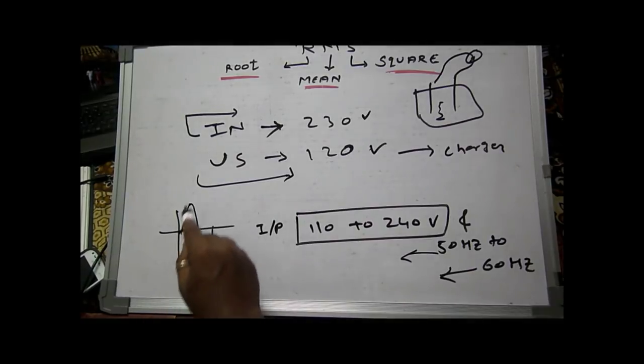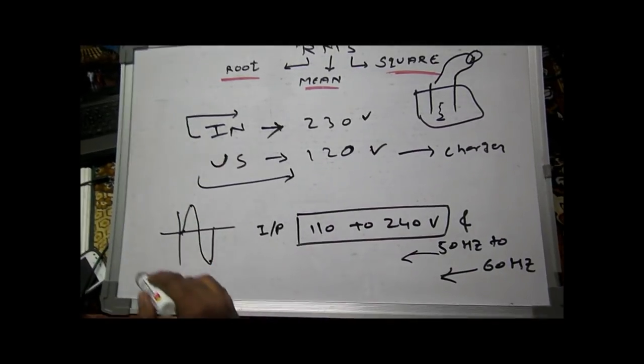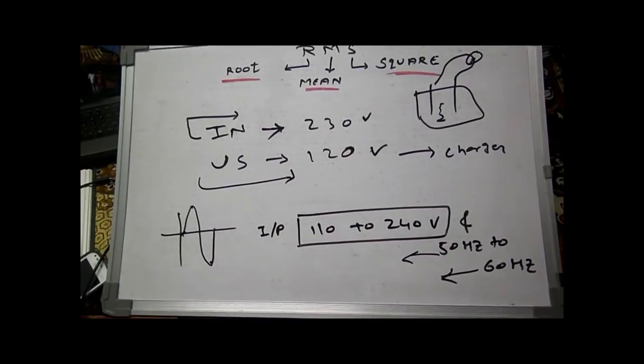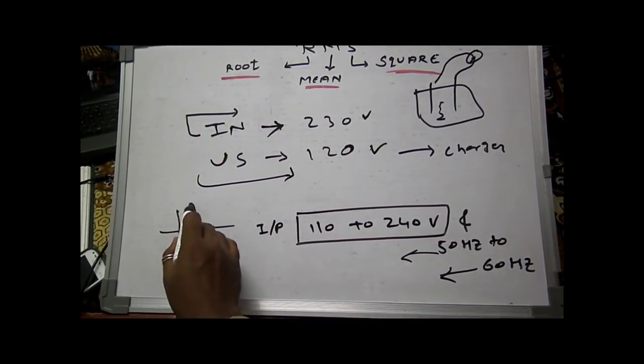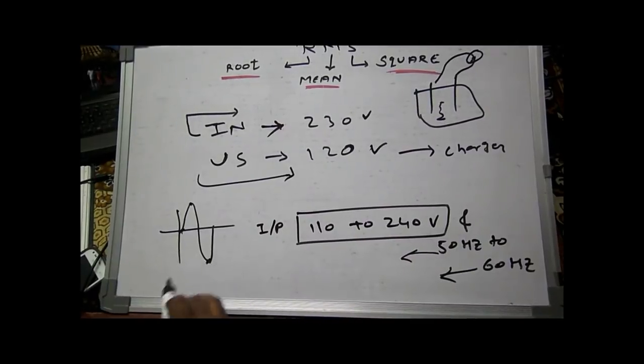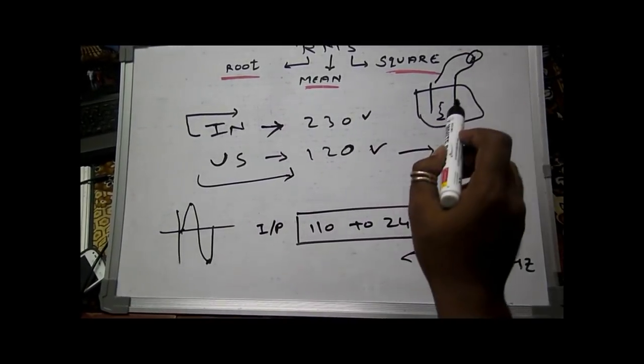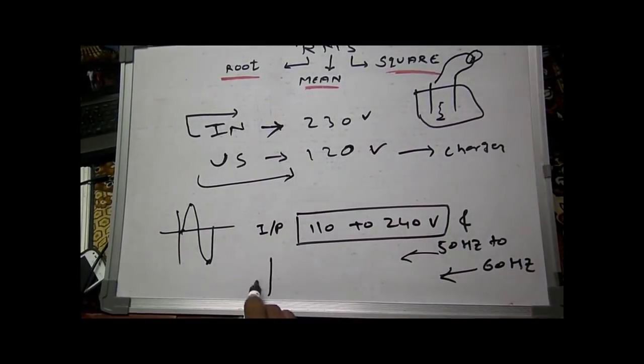What makes it first go positive, then go negative and repeat itself? There might be something behind it making the signal positive and negative, and something in DC making the voltage constant. So what are those concepts? That we will learn in our next video.